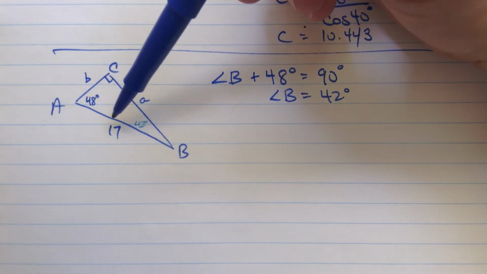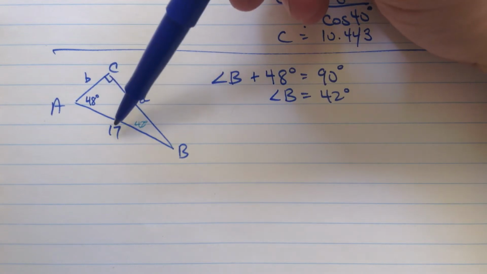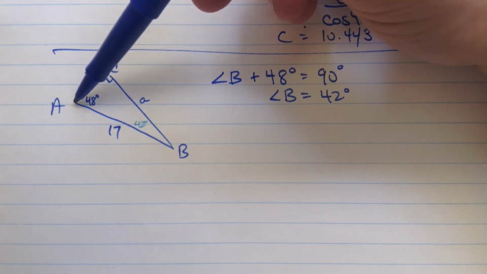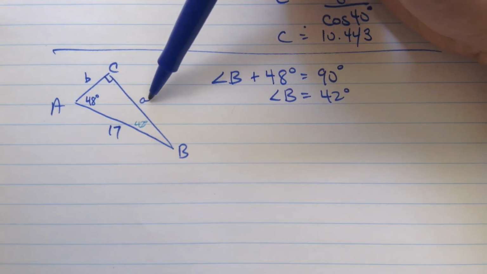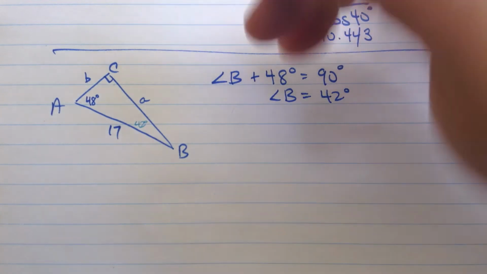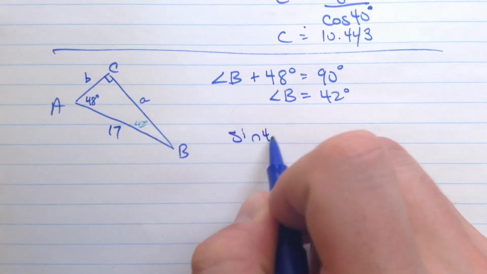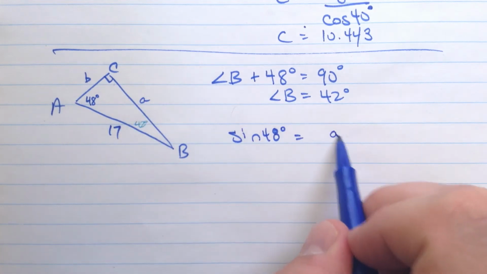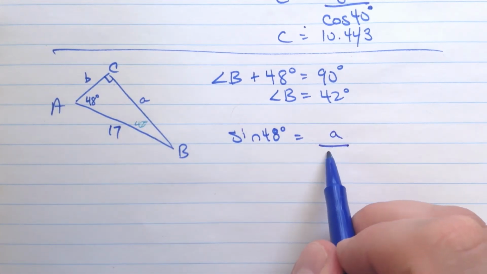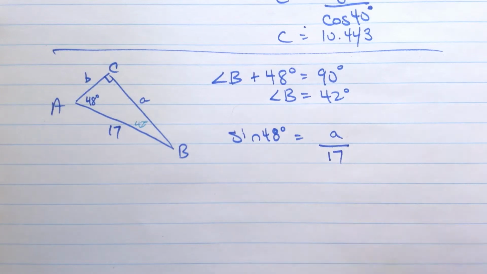Well, okay, I want to use my 17 and one of these angles together. So let's say I go from A, I'm going to use 48 degrees, some ratio with the opposite side and the hypotenuse. That's sine. Sine of 48 degrees is equal to the opposite to A, little a, divided by the hypotenuse, which is 17.